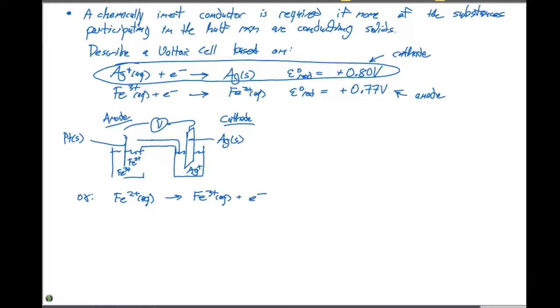Our potential for this half reaction is the opposite of the reduction potential, which is negative 0.77 volts.